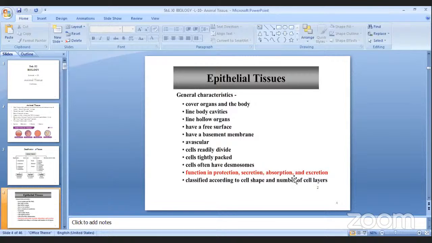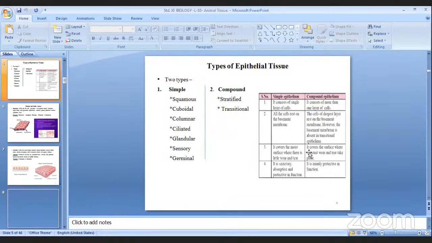And if there are two or more layers, then it is known as compound epithelial tissue. Now, here you see simple epithelial tissue. These are the tissues that we are going to study: squamous, cuboidal, columnar, ciliated, glandular, sensory, and germinal. And in compound, we'll be studying stratified and transitional.